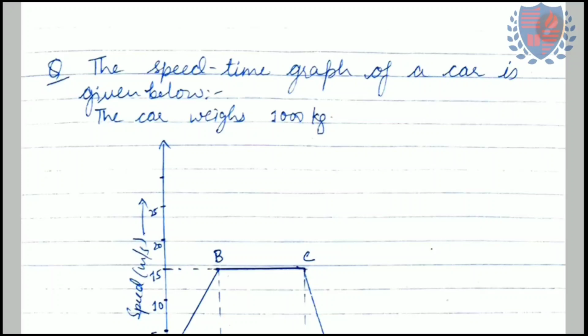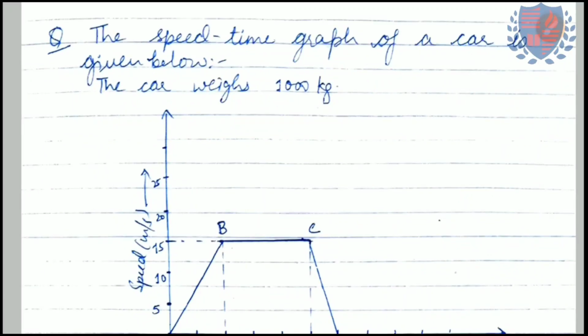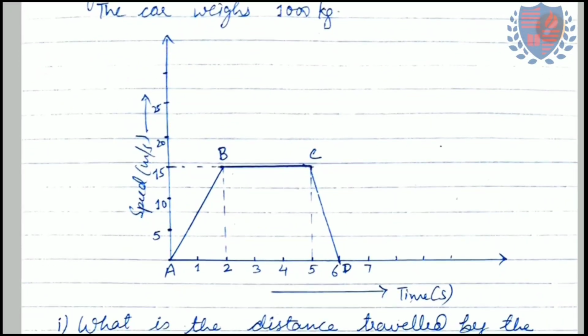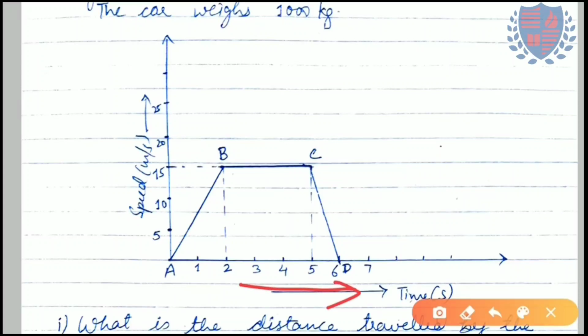Now I have selected this question. The speed time graph of a car is given below. The weight of the car is 1000 kg. Along the horizontal line, time is given in seconds, and along the vertical line, speed is given in meters per second.